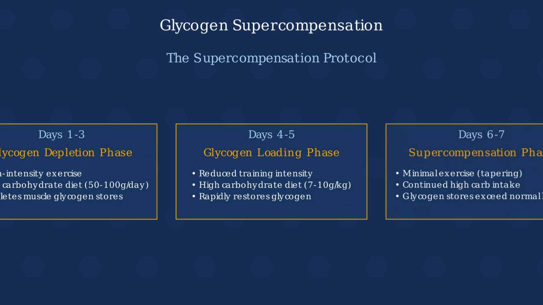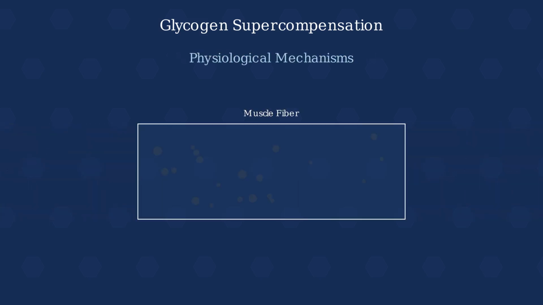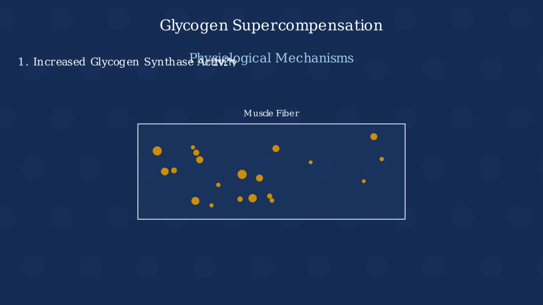Finally, in days 6 and 7, the supercompensation phase involves minimal exercise, continued high carbohydrate intake, and allows glycogen stores to exceed normal levels. Let's examine the physiological mechanisms that make glycogen supercompensation possible. Following glycogen depletion, several adaptive mechanisms occur.